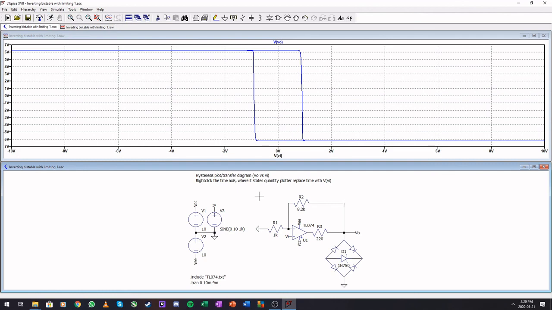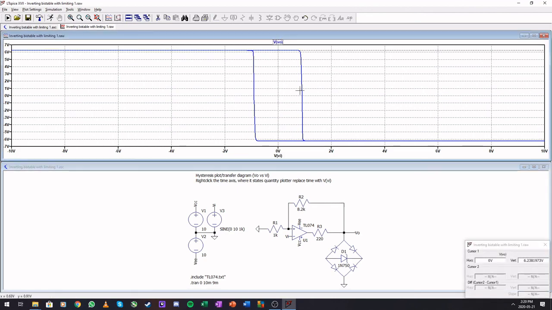There we go, that's closer to 1 volt. And we can use our cursor on this. Close enough to 1 volt.